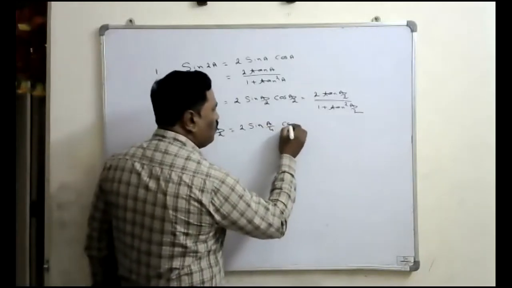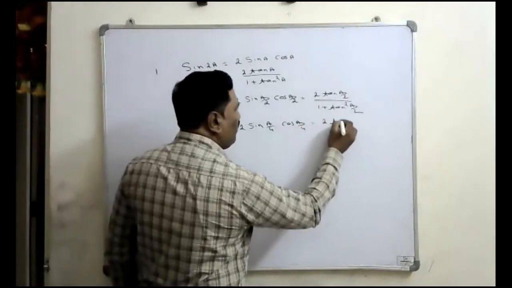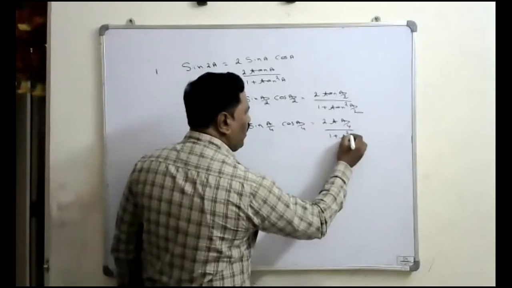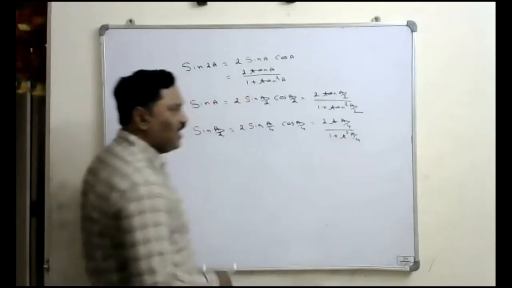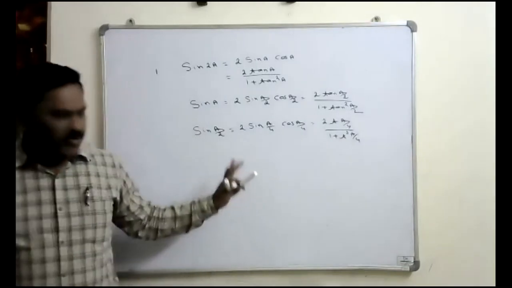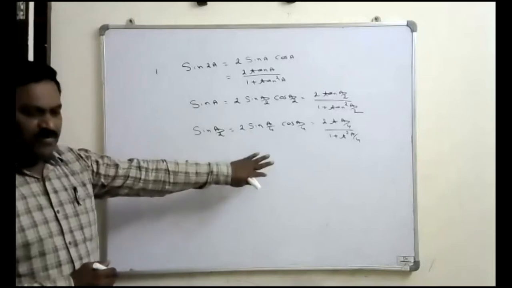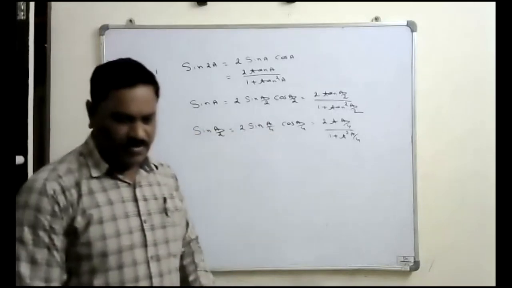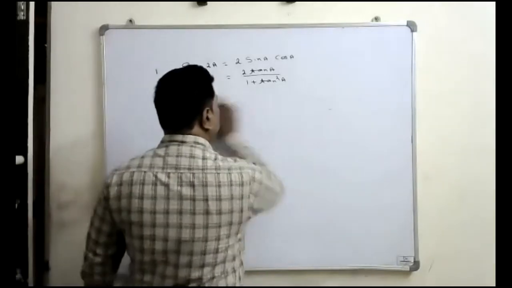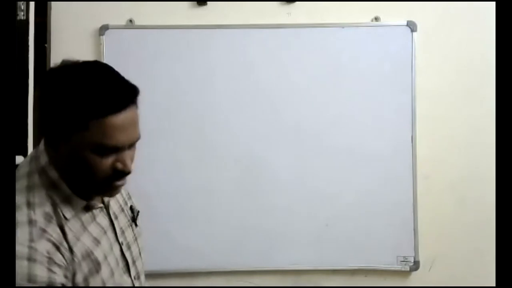So it is 2 sin A by 4 cos A by 4, and similarly 2 tan A by 4 upon 1 plus tan square A by 4. Don't look at the angle here; whatever the angle is on the LHS, make that angle half while applying this formula. Not only for sine 2A, for any formula you have to consider like that.